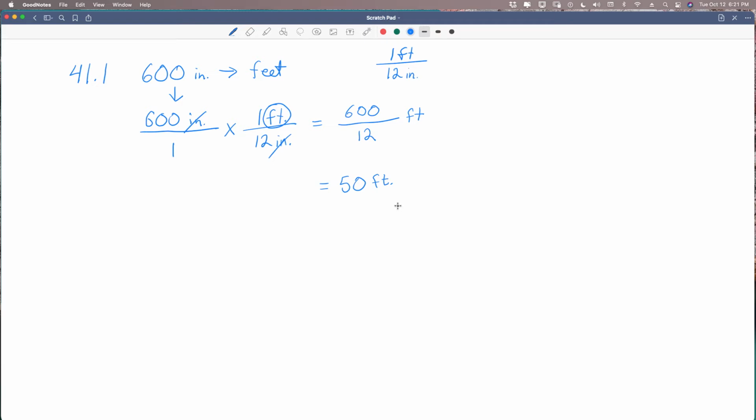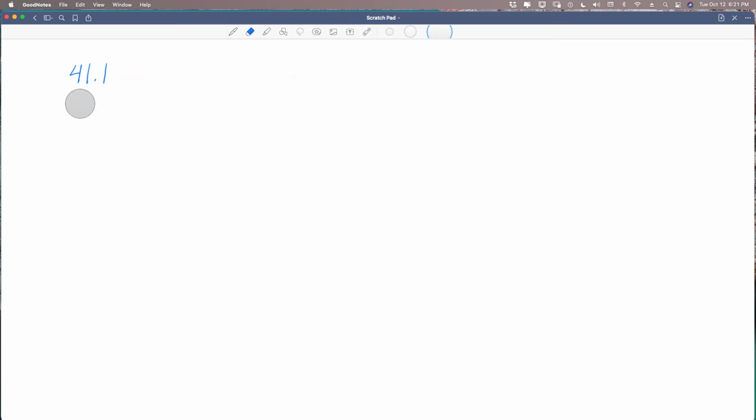for square units. So for instance, let's do 41.2, and we are going to convert 44 square feet, so feet squared, to square inches.